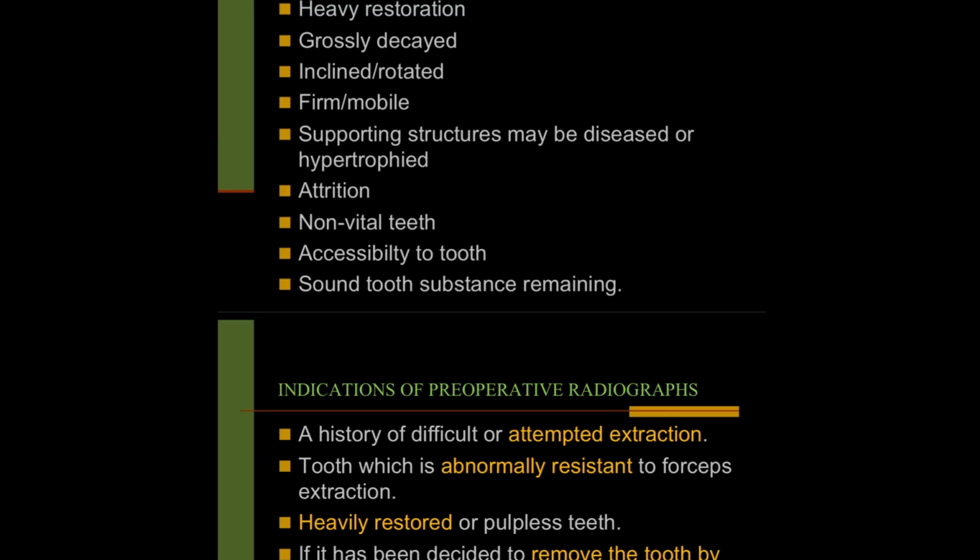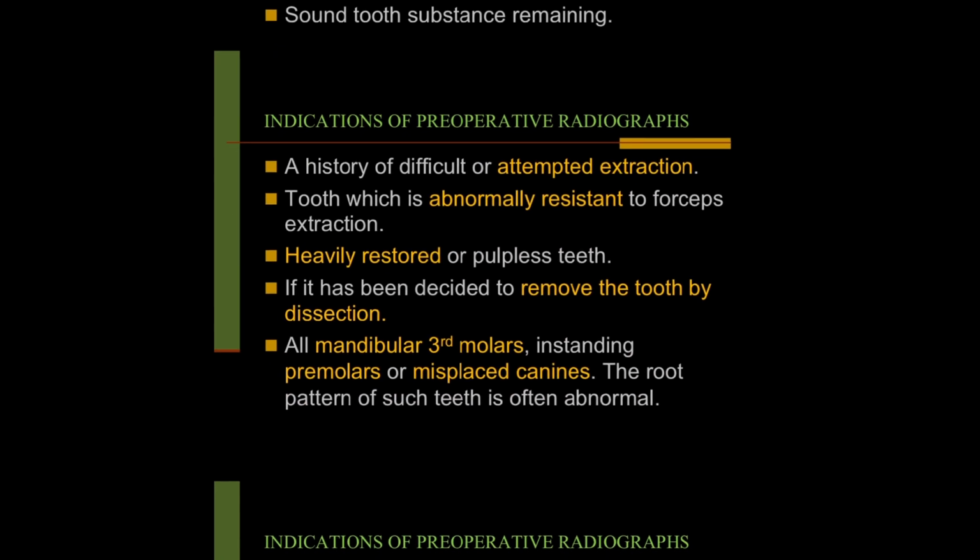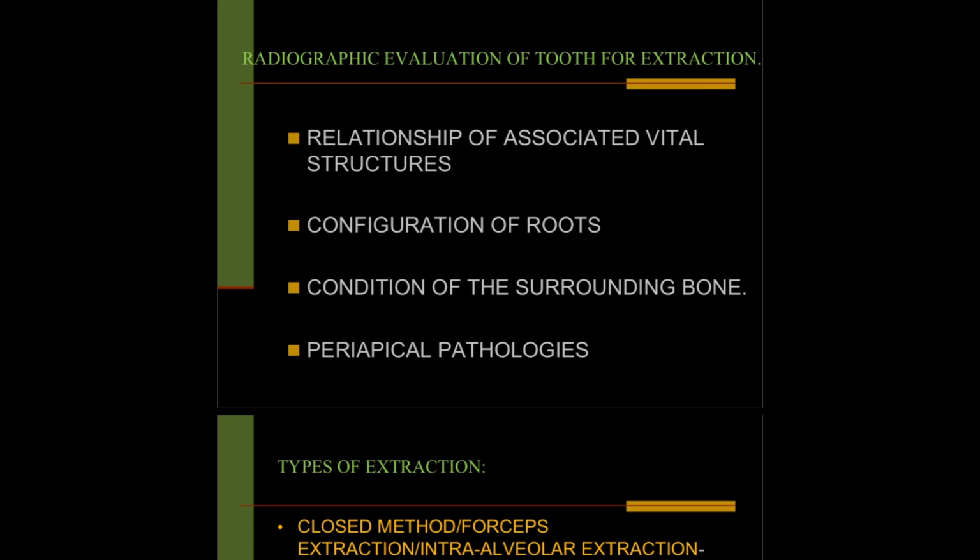Why is it important? Because we ultimately have to apply forceps or the elevator, so we have to see first if there is enough structure to grasp it or not.